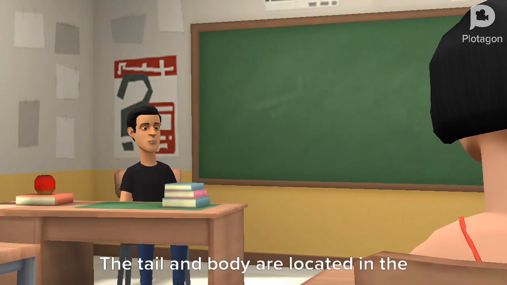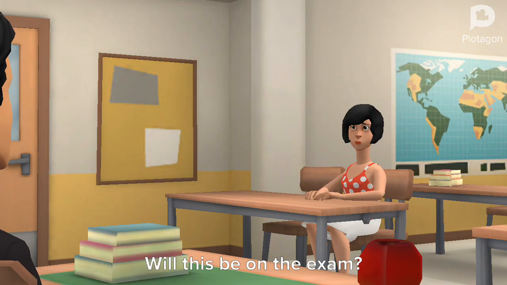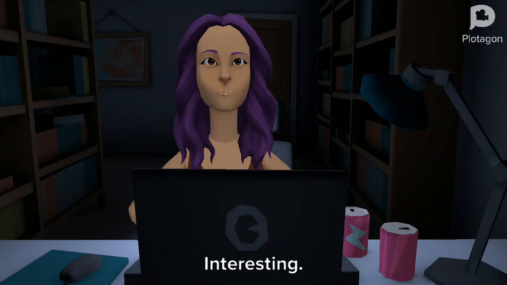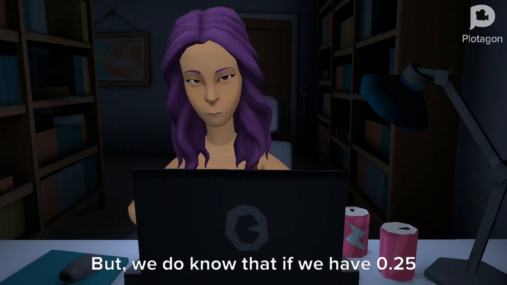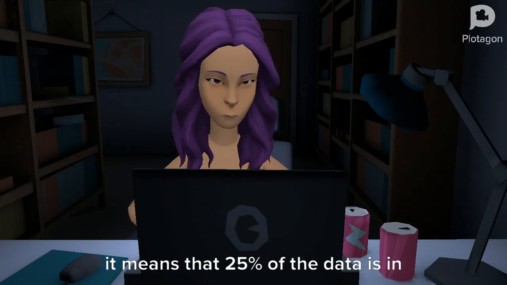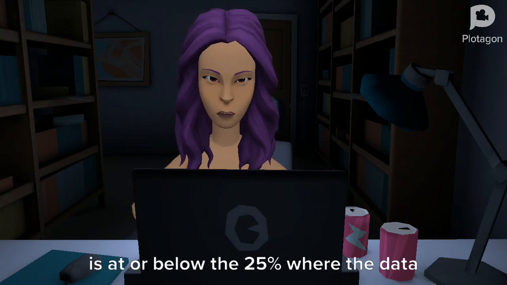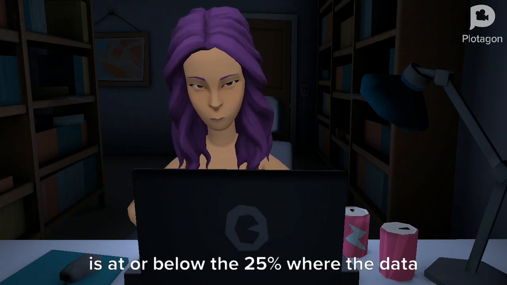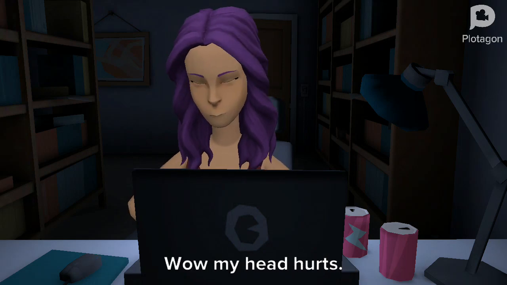The tail and body are located in the curve and it also depends on where the percentile lands. Will this be on the exam? Interesting. That was really confusing. But we do know that if we have 0.25 it means that 25% of the data is in the area and it is where the data is at or below the 25%, meaning in the 25th percentile. Wow, my head hurts.